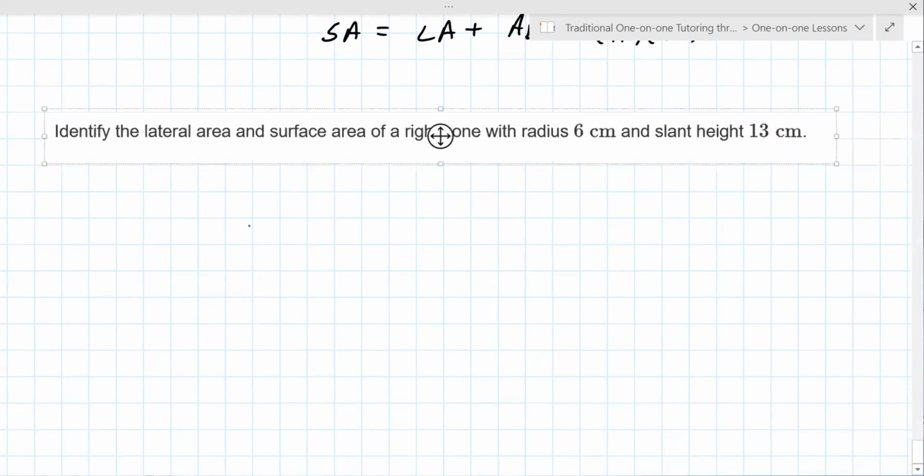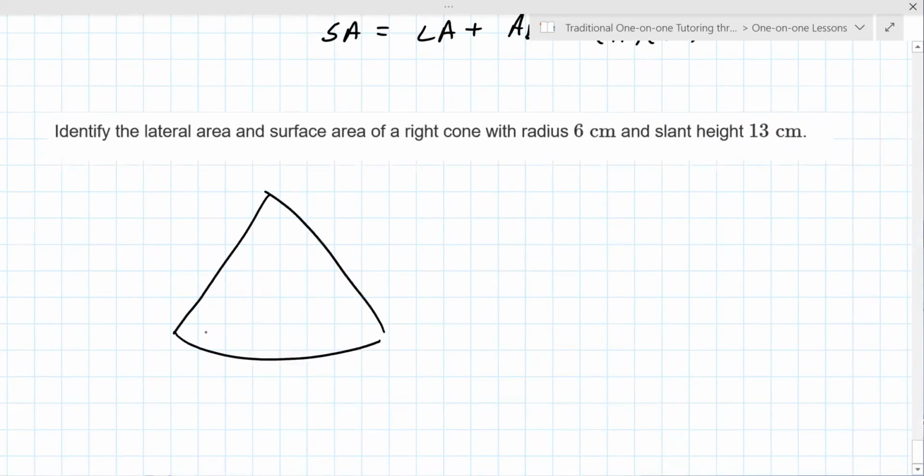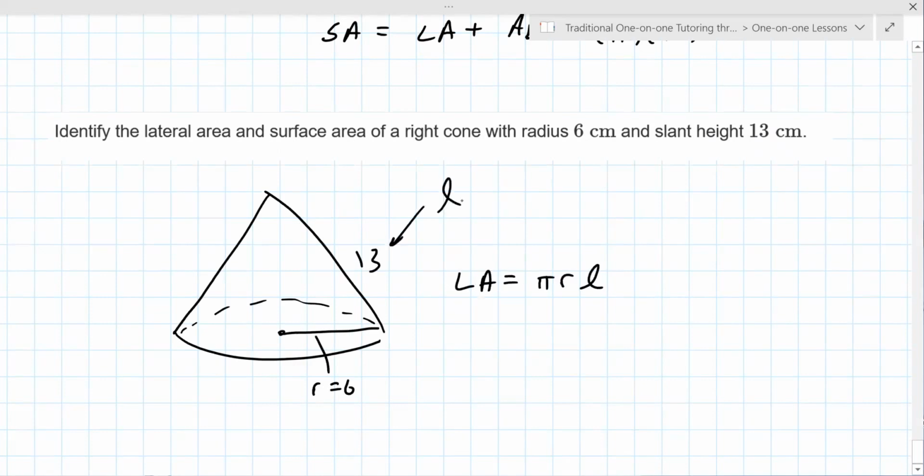Okay, so this is a right cone, the party hat. It's got a radius of 6 and a slant height of 13. So the lateral area is pi r l, where l is the slant height. And you do have to round your answer here, so go ahead and round it to the ones place, no decimal. Well, it's 245. 245 what?